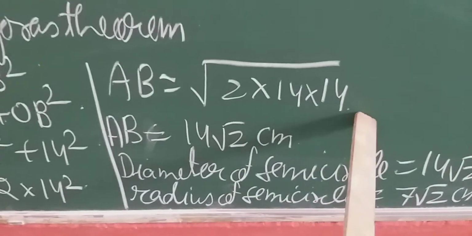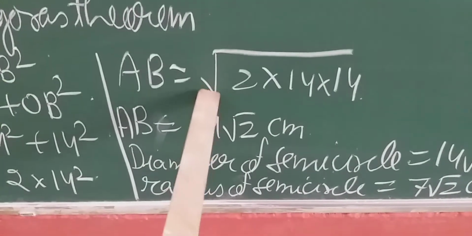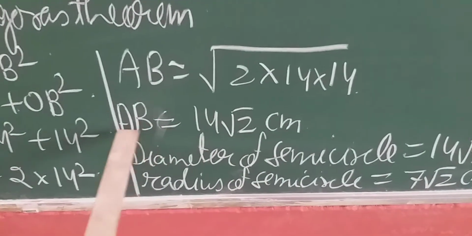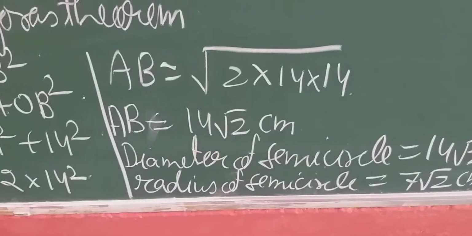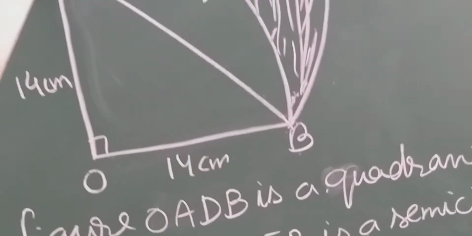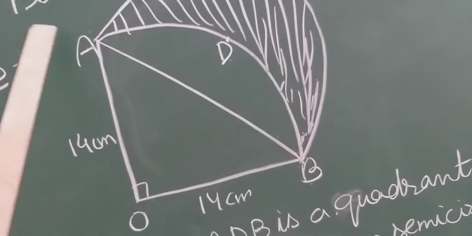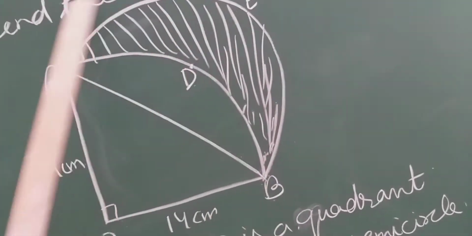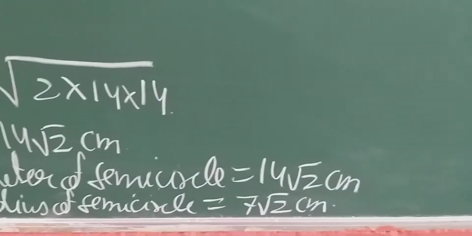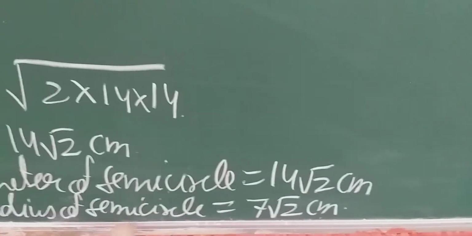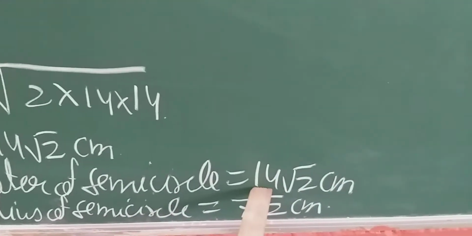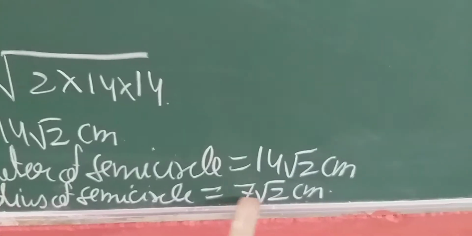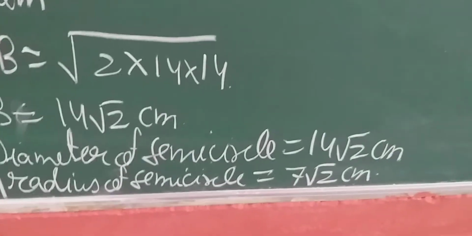The square root of 14 into 14 is 14, and root 2 is there. So AB equals 14 root 2 centimeter. This is the diameter of the semicircle. So the radius of the semicircle, half of the diameter, is 7 root 2 centimeter.